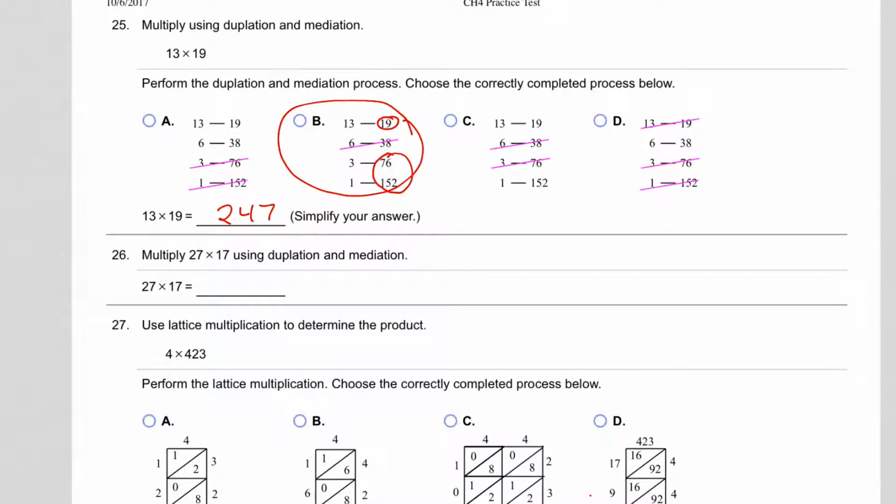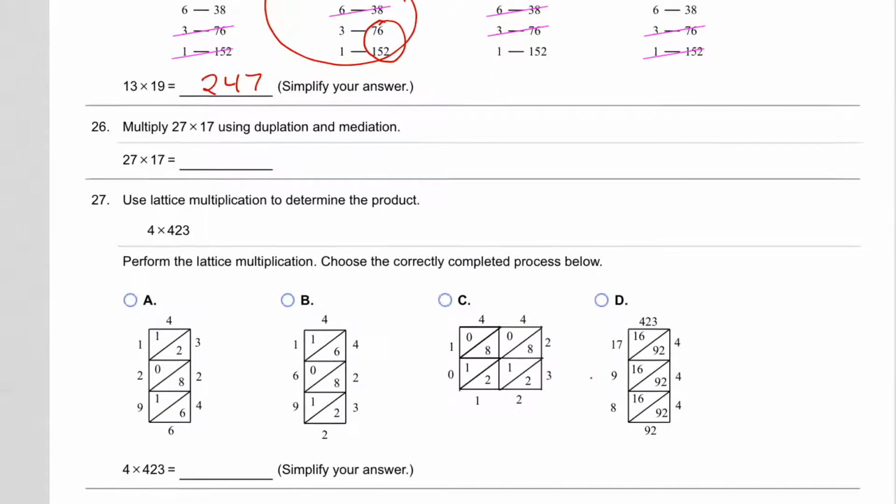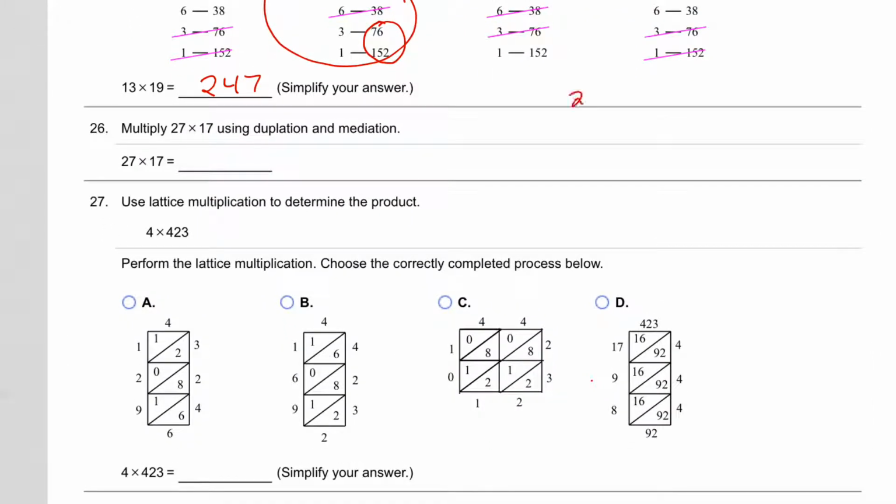Okay, so now we have to do one all by ourselves here. So 27 and 17. Here we're going to divide. Here we're going to multiply. So 27 divided by 2 is 13.5.